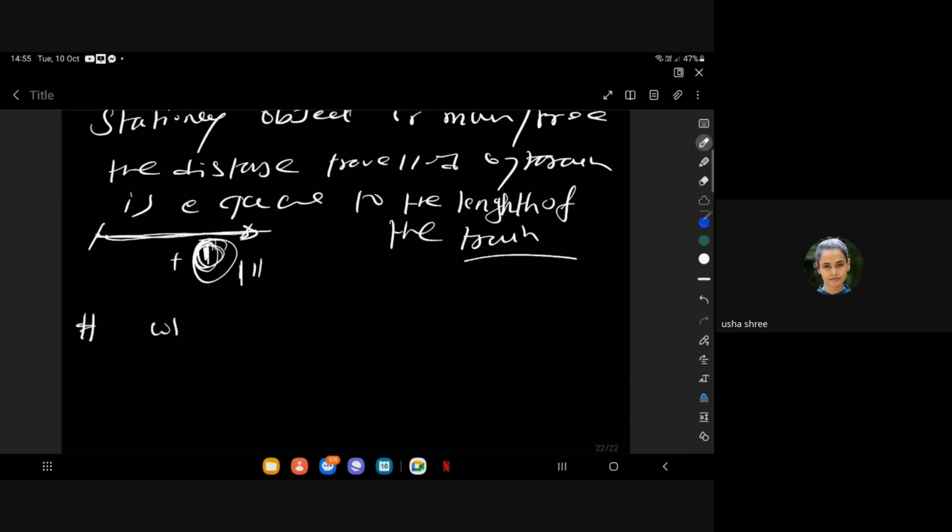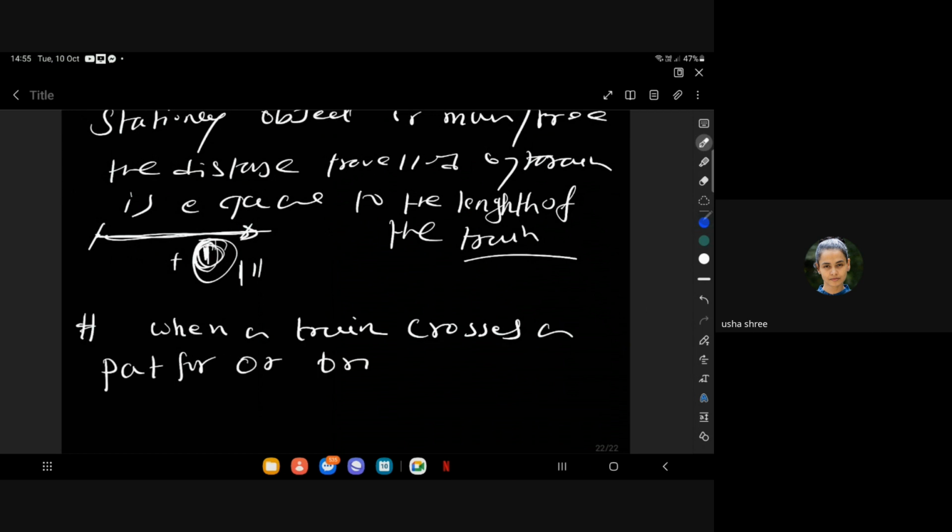When a train crosses a platform or bridge, now it will be the length of the train plus the length of the bridge or the platform.